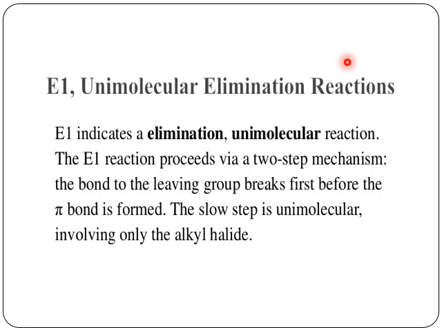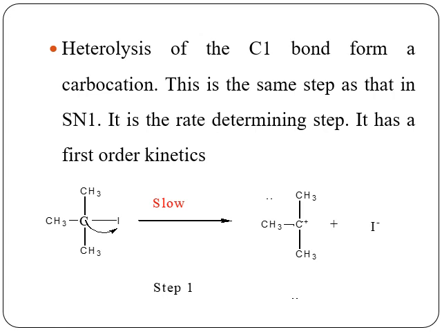The slow step, or the rate determining step of the E1 reaction, involves only the substrate, which may be an alkyl halide, an alcohol, or a nitro compound. Look into this reaction.